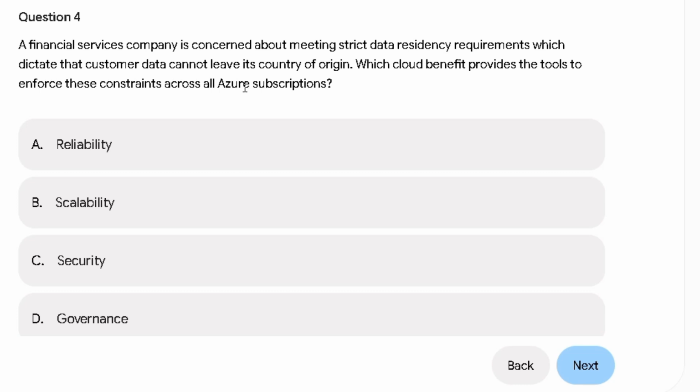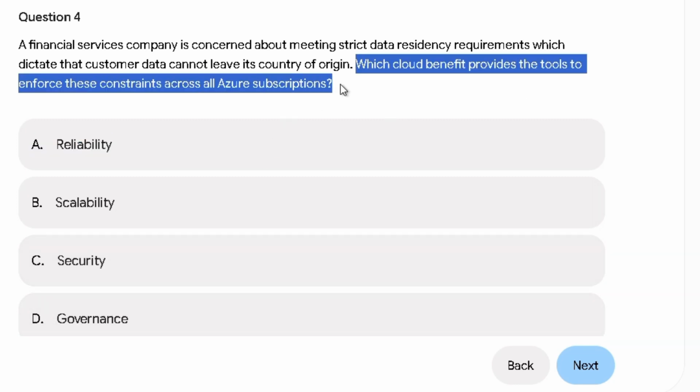So here we're talking about some sort of security. We're not talking about reliability, because reliability is something where if it breaks, I can recover again. Scalability means the ability to make it bigger, so that's not it. So we're between security and governance. Which cloud benefit provides the tools to enforce these constraints?